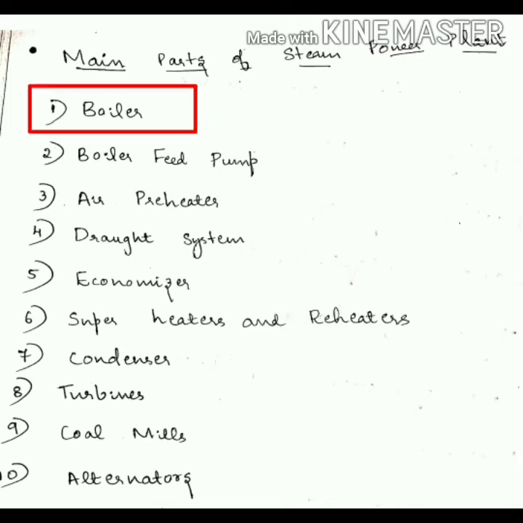Whereas in water tube boiler, it has less weight of metal for a given size, and therefore it is having less chance to explode, and they are easy to control also. Therefore we prefer water tube boilers over the fire tube boilers. And the boiler output is always measured in terms of BTU per hour.